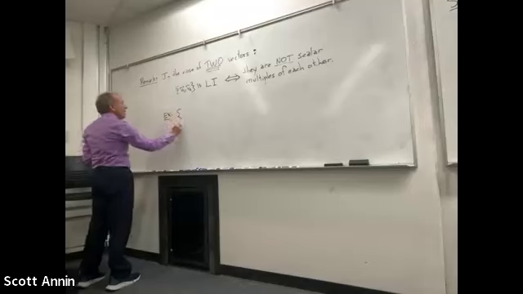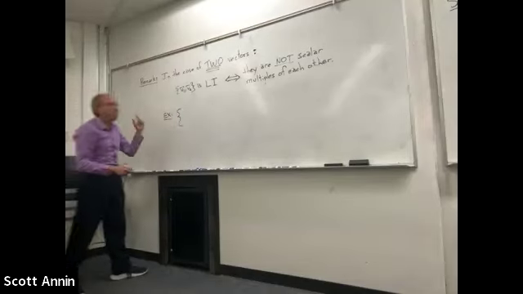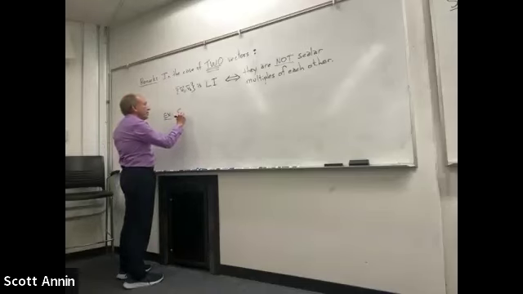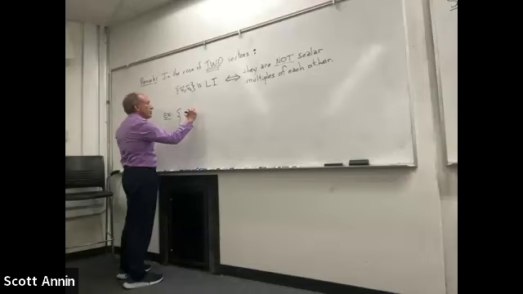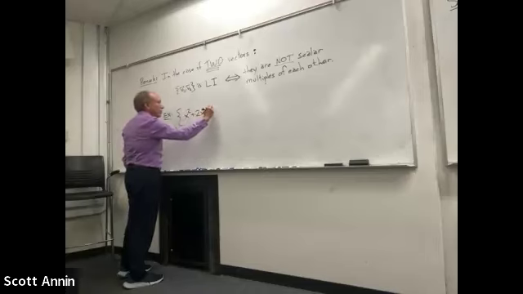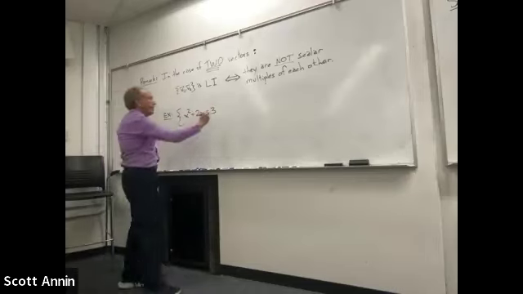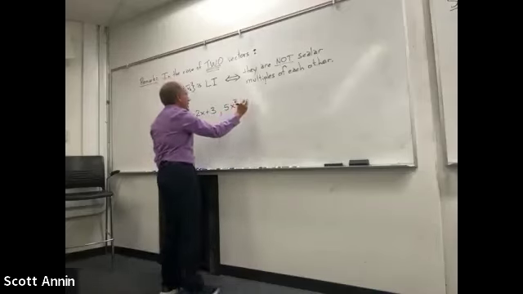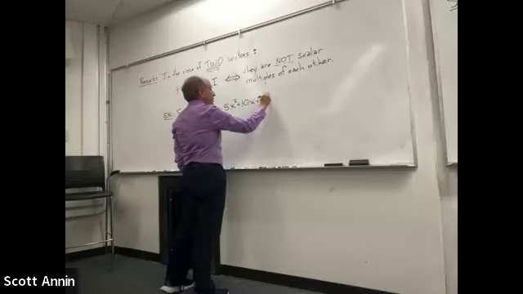So if I had, let's say, the set of x squared plus 2x plus 3, and then let's suppose we took another one, which was 5x squared plus 10x plus 15.